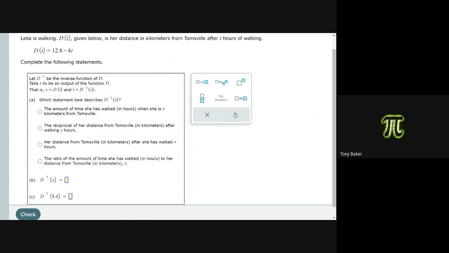So the question is which one of these is right? The amount of time she has walked in hours when she is X kilometers from Tomsville, the reciprocal of her distance from Tomsville after walking X hours, her distance from Tomsville after she's walked X hours, or the ratio of the amount of time she's walked in hours to the distance from Tomsville.